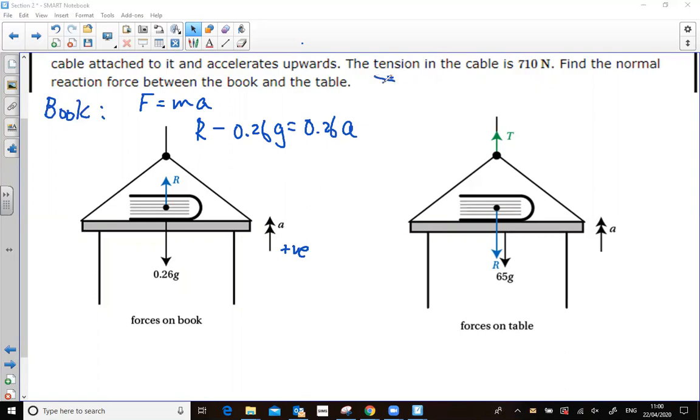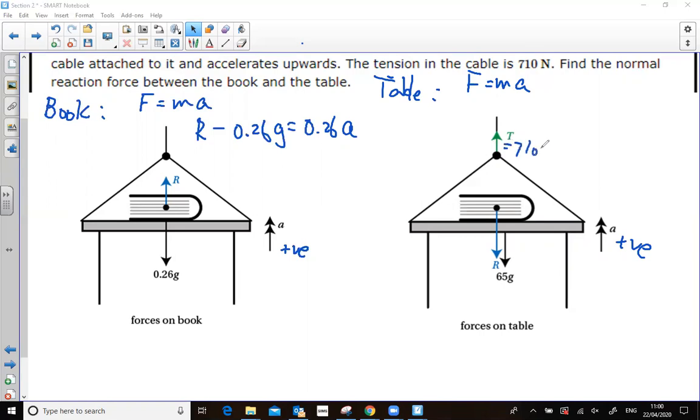Now let's think about all the forces acting on the table. Again, we're going to use F equals MA, and going up is our positive direction. So what are the forces acting upwards? Well, in this case, we would have the tension, and in the question it says tension is actually 710.